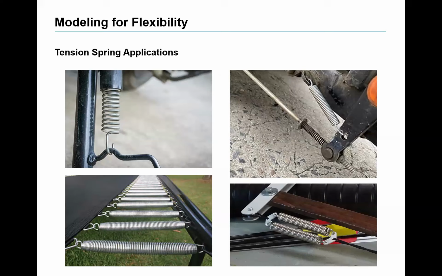And the ways that we assemble these tension springs are as varied as the springs themselves, right? There's thousands and thousands of different applications for creating a tension spring. So I have some other examples that we're going to show very briefly, but I want to focus on the tension spring today.